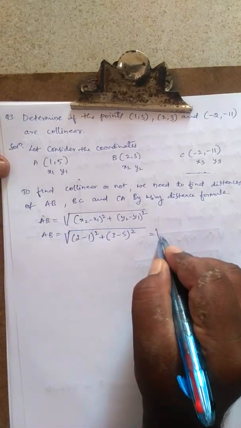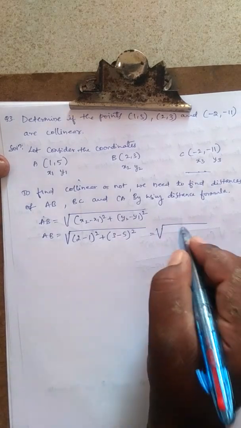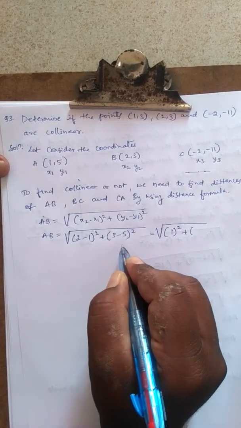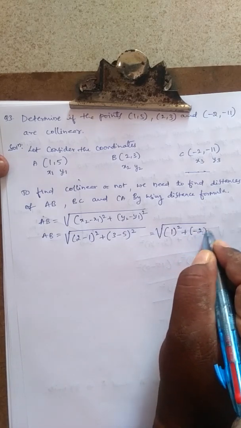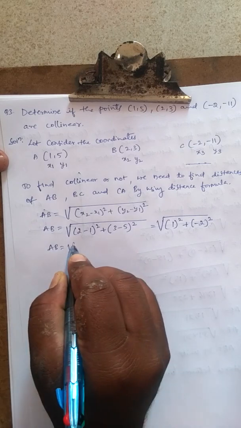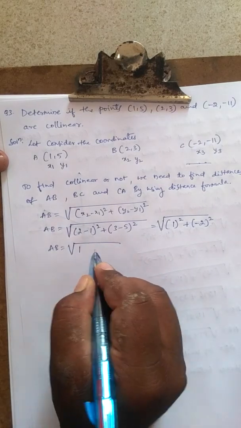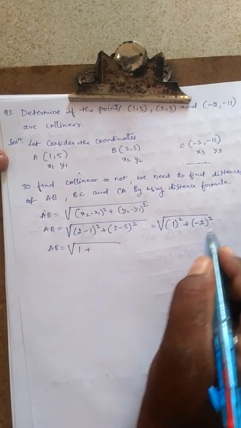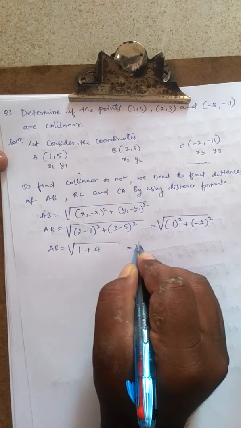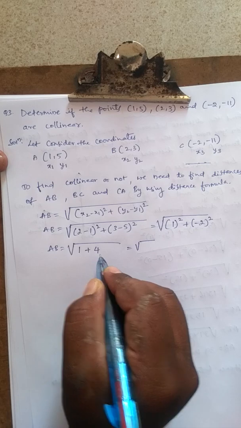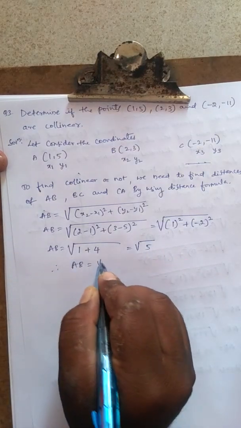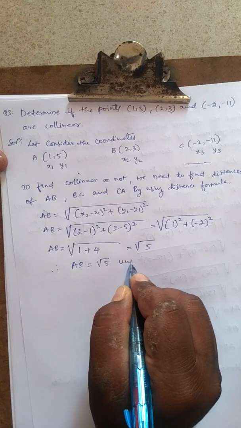So this is equal to under root 2 minus 1 is 1 square plus 3 minus 5 is minus 2 square. So AB is equal to under root 1 square is 1 only plus minus 2 square is 4. If you add both the values, 1 plus 4, that is 5. Therefore AB is equal to root 5 units.